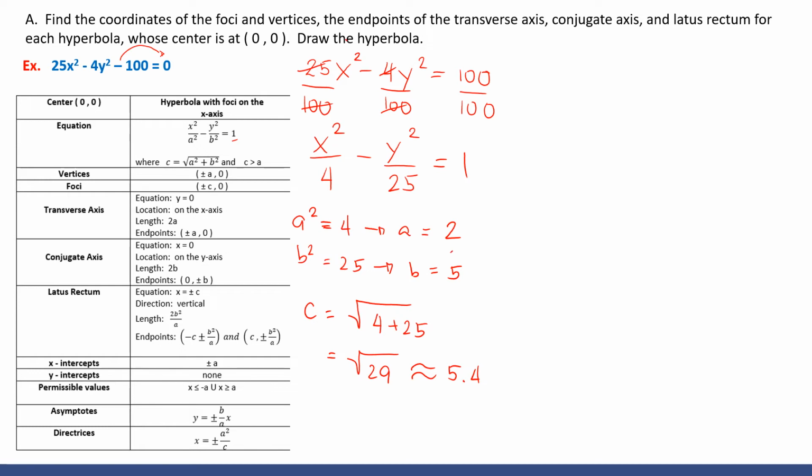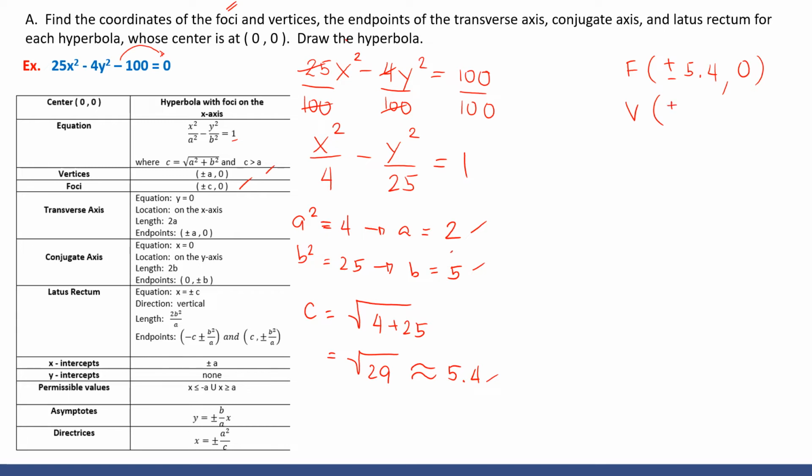Okay? Now, na-identify na natin ang A, B, and C. So, we can now get the coordinates of the foci. Sabi natin, it's plus minus C, 0. So, we have here foci as plus minus C, that is 5.4, and then 0. The coordinates of the vertices, we have plus minus a, 0.